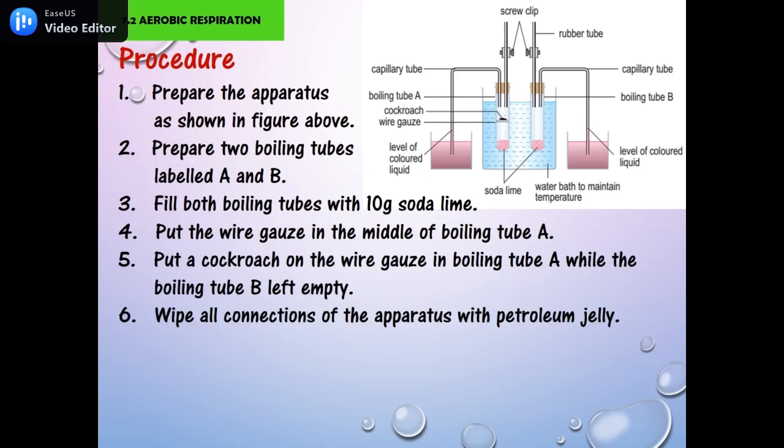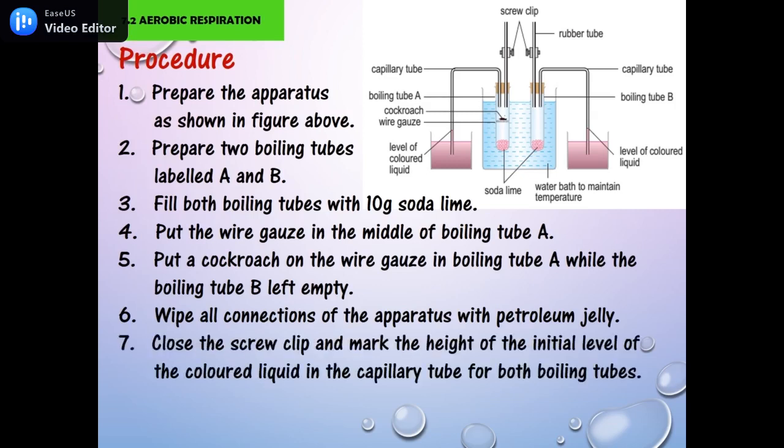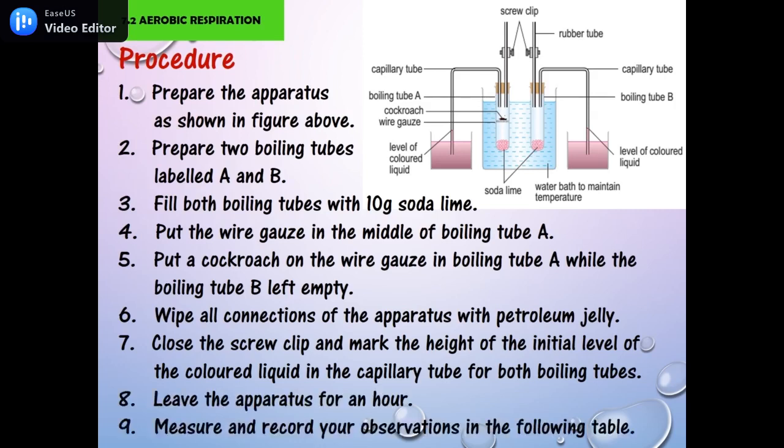Wipe all connections of the apparatus with petroleum jelly. Close the screw clip and mark the height of the initial level of colored liquid in the capillary tube for both boiling tubes. Leave the apparatus for an hour. Measure and record your observation in the following table.